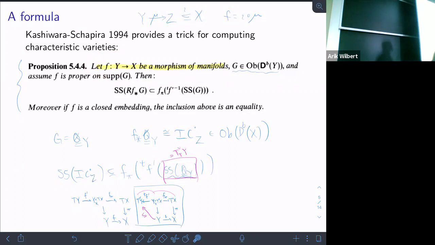You take the zero section up there, and then you map that to this fiber product, and you map that onwards. There's an inverse there, so you put the inverse there.